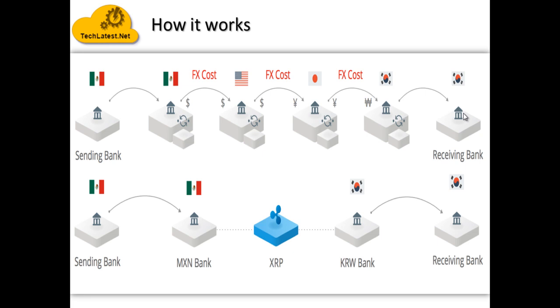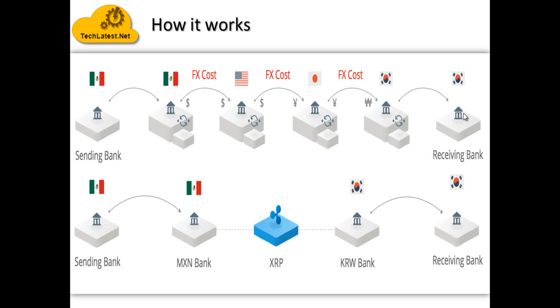Now let's see how this transaction will happen if it is done through the Ripple network. In this case the sending bank will have the exchange. They will have this exchange which is integrated with the Ripple network. So the exchange will receive the transaction, and instantly the equivalent XRP amount will be transferred to the other exchange at the receiving country.